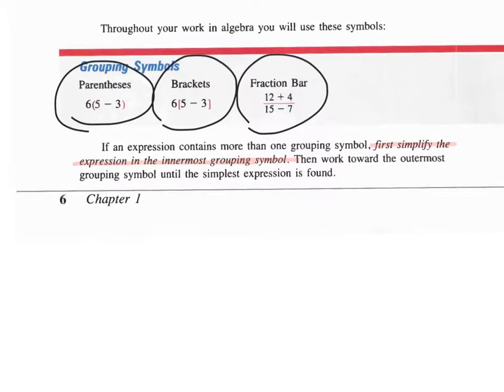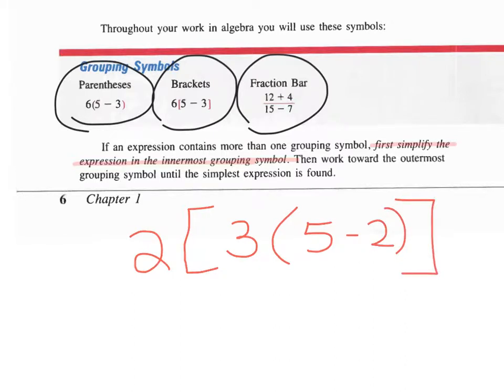You might have a 2, a bracket, and then maybe there'll be a 3, and then a parentheses, and then maybe 5 minus 2, and then a closed bracket. So generally when you have parentheses already in the problem, to introduce another grouping symbol, that's when you're going to see the bracket. I think the reason why they just wrote the exact same problem there was just to show you what a bracket looks like.